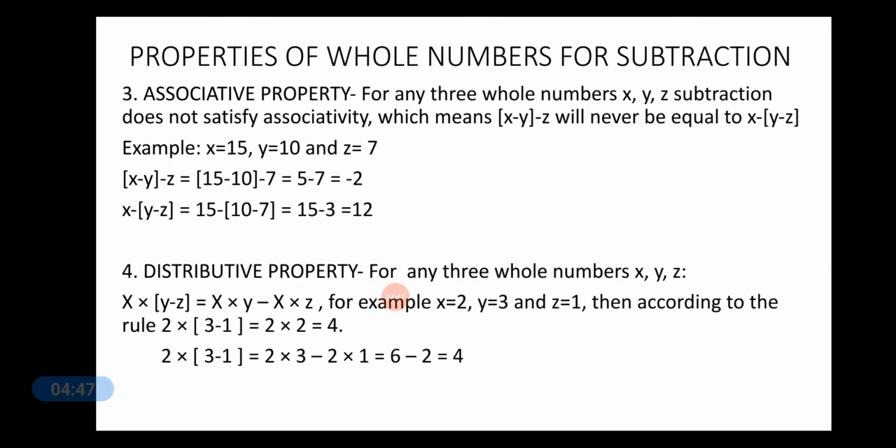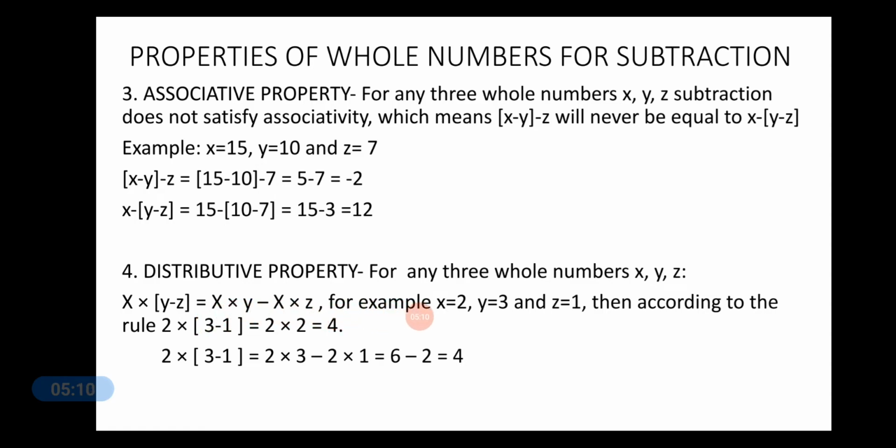Distributive property. For any three whole numbers x, y and z, x into, within the bracket, y minus z will be equal to x into y minus x into z. That is, when you are opening the bracket, x will be multiplied with y, minus sign, again x multiplied with z.